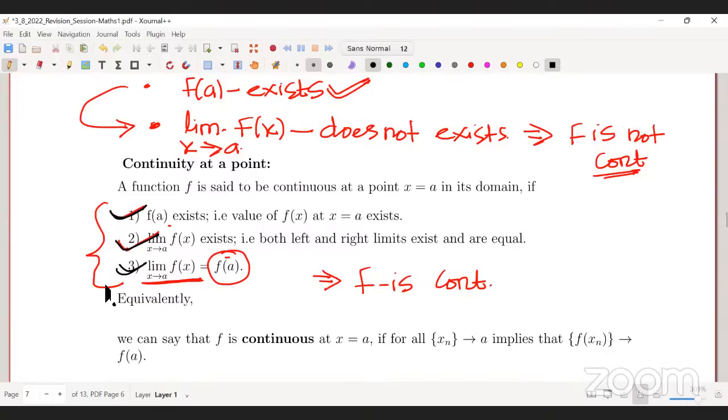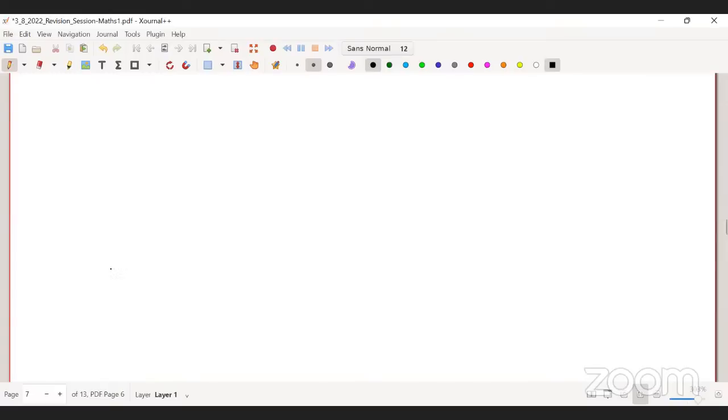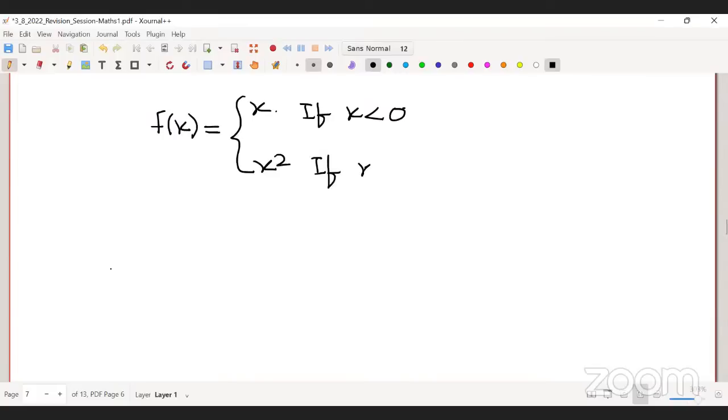Let me take an example where condition 1 holds, condition 2 holds, but condition 3 doesn't hold. Take a function f of x: if x is less than 0, it is x; if x is greater than 0, it is x square.